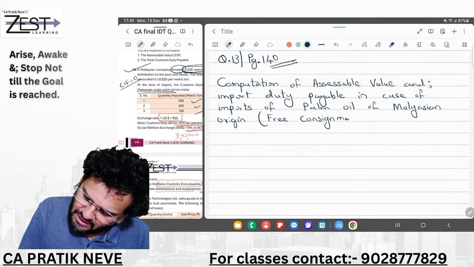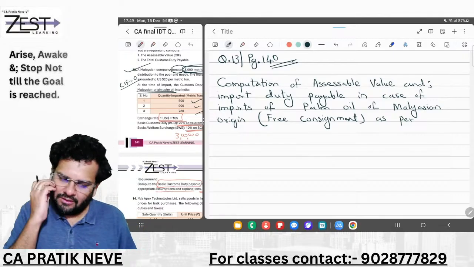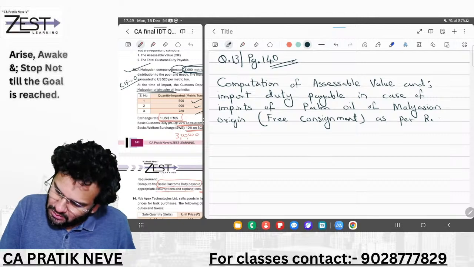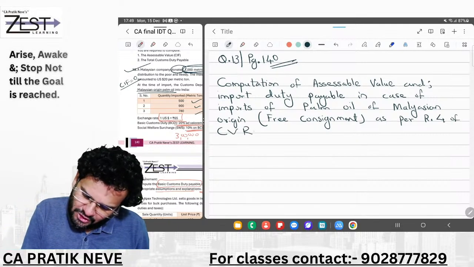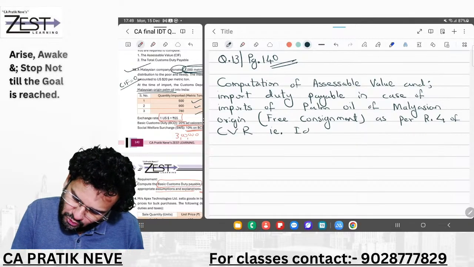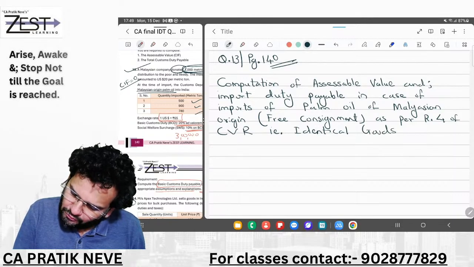So it's a free consignment. That's why you're doing valuation as per rule 4 of the customs valuation rules, that is identical goods. So I hope all of you got it.